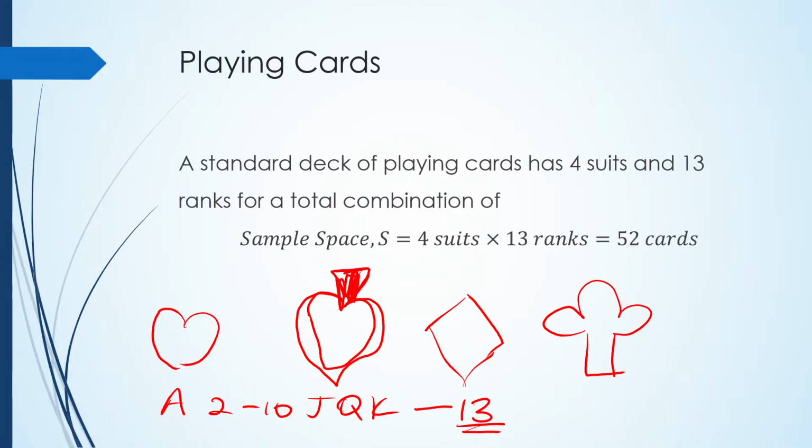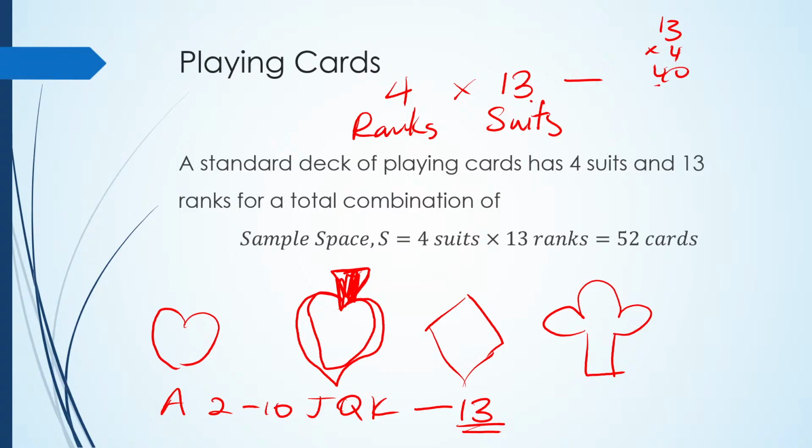If we draw any one card, a single draw can be any one of 52, and you can see this: 4 suits times 13 ranks, and you will see 13 times 4 is 52, right? We're not including jokers and anything else. We're just using those 4 suits and those 13 ranks.